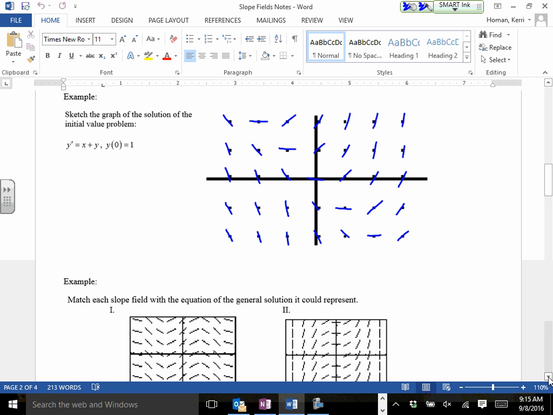Now it gives us a particular solution of 0, 1. And they want us to draw the solution to the differential equation that goes to the point 0, 1. So this is where you need to let the wind take you. You see how there are 0 slopes here in this diagonal?